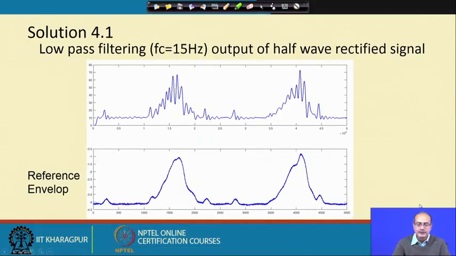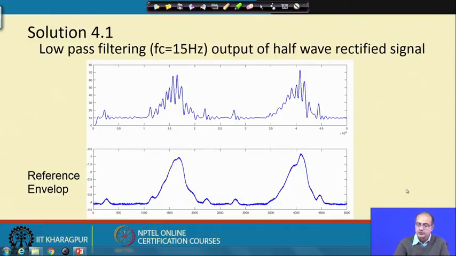Next, we increase it further, to 15 Hertz cutoff frequency. So more high frequencies are allowed. The rise is becoming smoother and does not have much lag, it follows the same increase here, but the ripples are increasing.